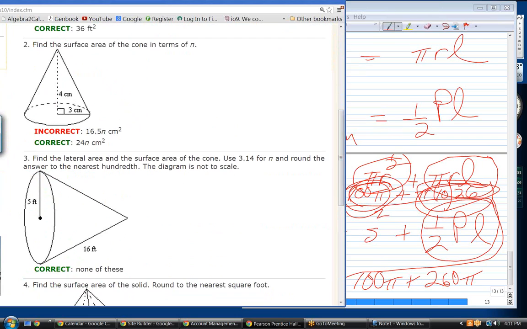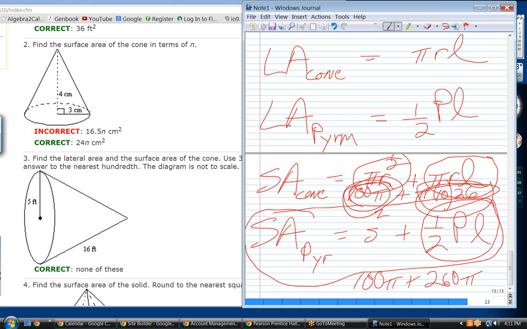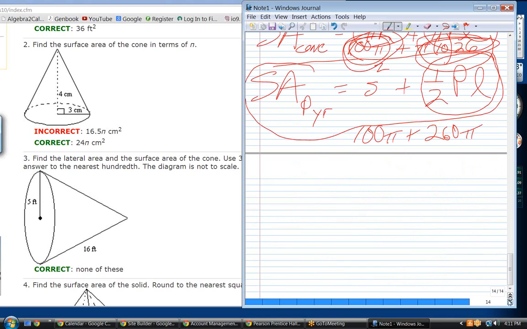All right, what do we do here? The surface area in terms of pi. So let's figure out this one again. What's the area of the base? The area of the base is 9 pi. What's the lateral area? Pi r L, and L is 5.